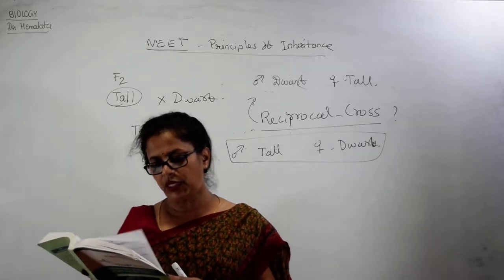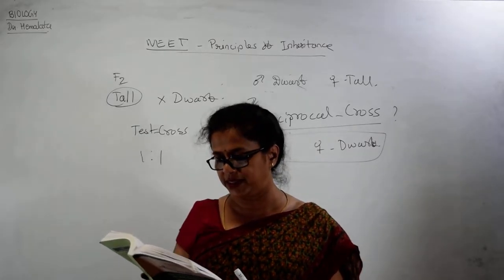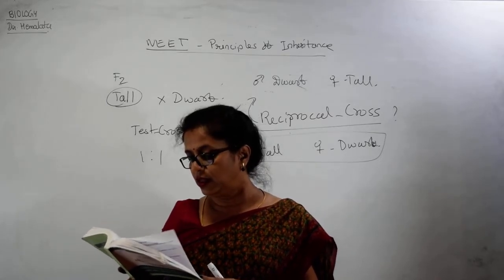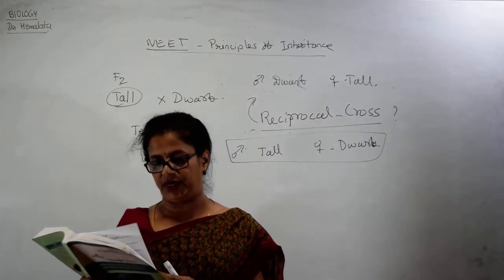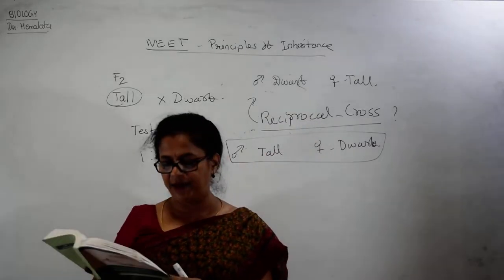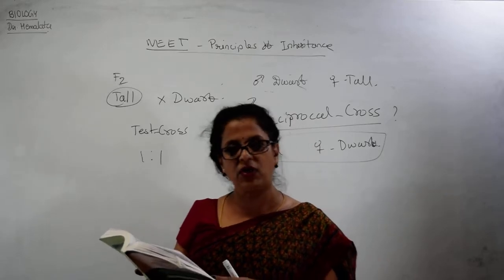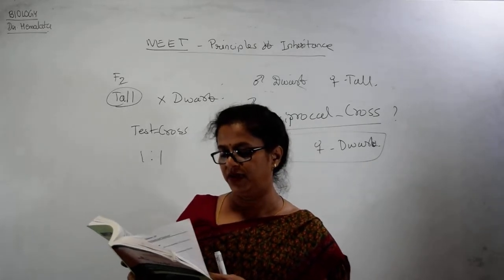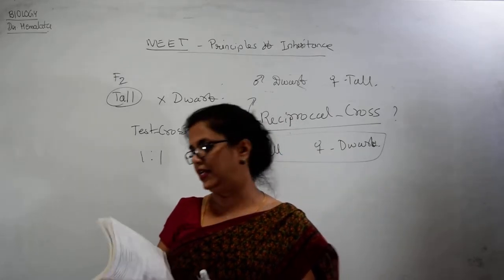Now, among the 7 pairs of contrasting traits in pea plant as studied by Mendel, the number of traits related to flower, pod and seed, how many are there? Right? They are saying 7 contrasting characters were studied which are connected with pod, flower and seed respectively.